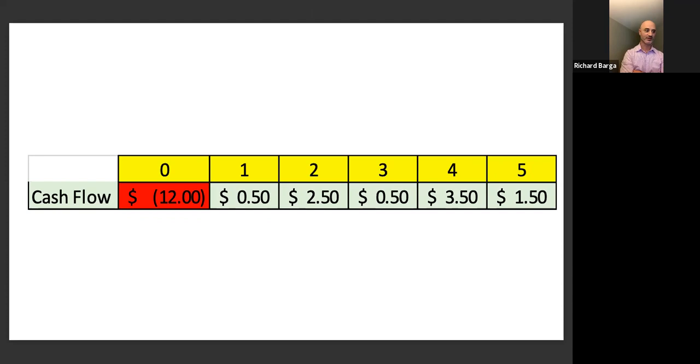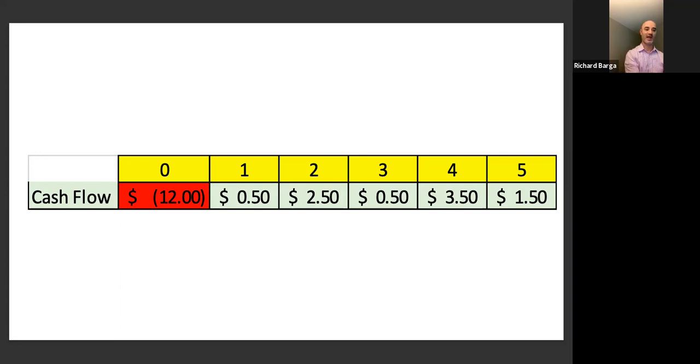This is the money that you take out of your pocket and put into a property that is then going to generate, based on the predictable schedule we were just modeling, years 1 through 5 here, and we'll expand that in a minute.